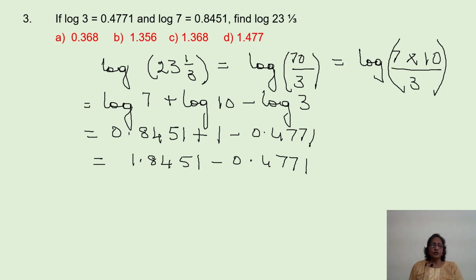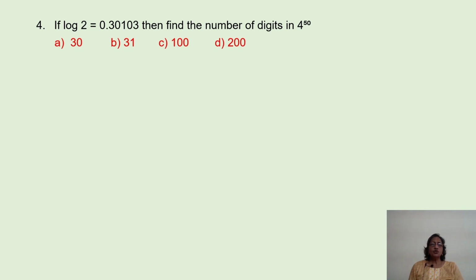Have a look at the options which you have and see which is your correct answer. In this case, the answer will be 1.368. Calculate this. So the correct option over here is the C option.